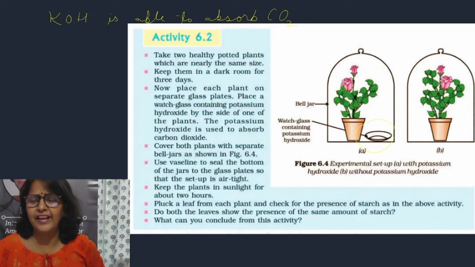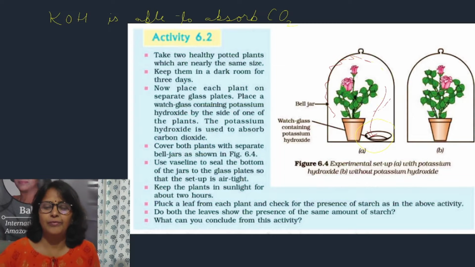From this portion of the bell jar, which had some air in it, all the CO2 has been absorbed. So the plant is not getting any CO2, so no photosynthesis will take place in this jar.